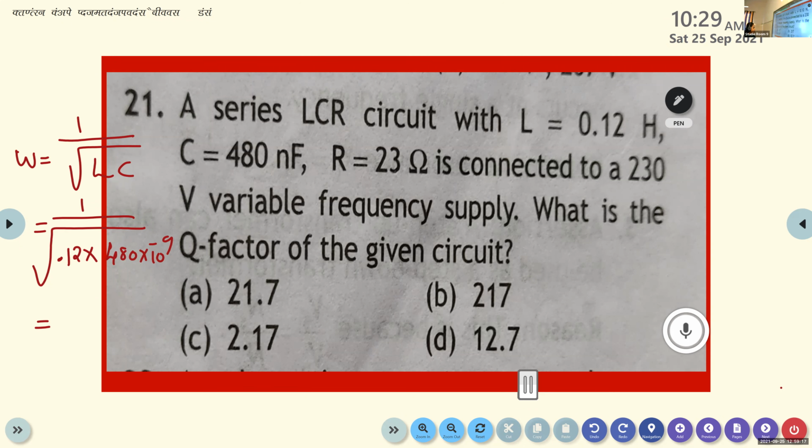Okay, 10 raised to 5 by 24. All right. Michael, Aryan, what about your value?